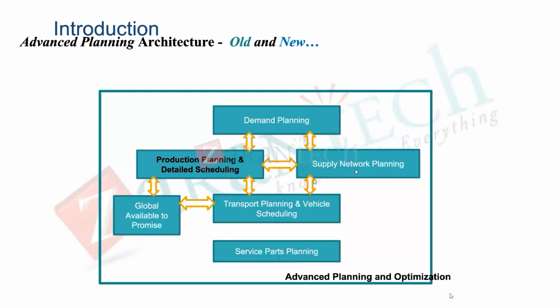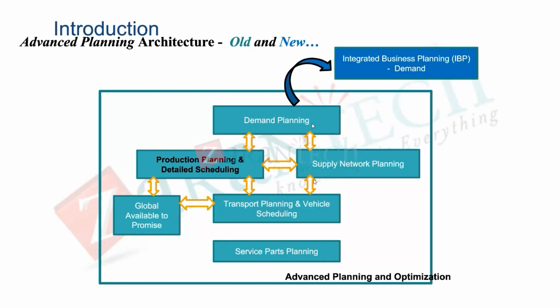But what happens in the new? As SAP started migrating ERP from ECC to S4HANA, they also started migrating all other modules to the new software. Demand planning has been migrated to Integrated Business Planning, and some of you are using it, so you know very well.